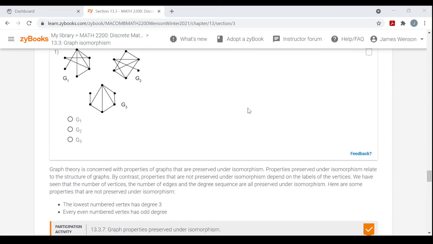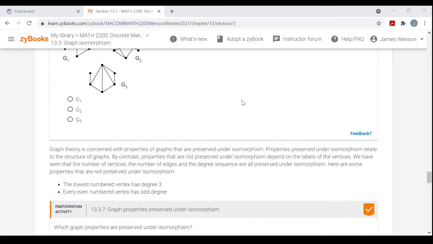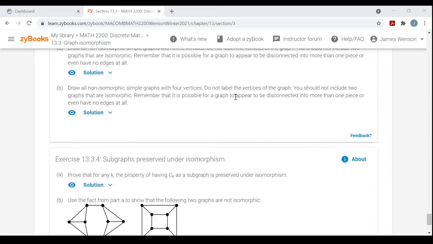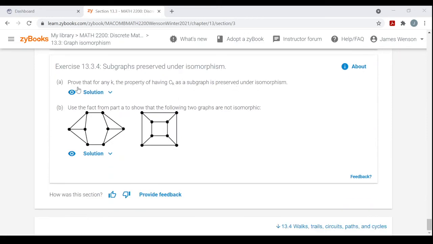The degree of a vertex and its corresponding vertex should be the same. These degree sequences, therefore, should then be preserved. And another thing I mentioned, and like I said, it's in the exercises. I think it's right down here, see? For any k, having a k cycle as a subgraph is preserved.